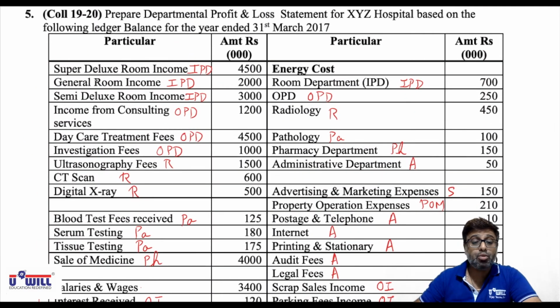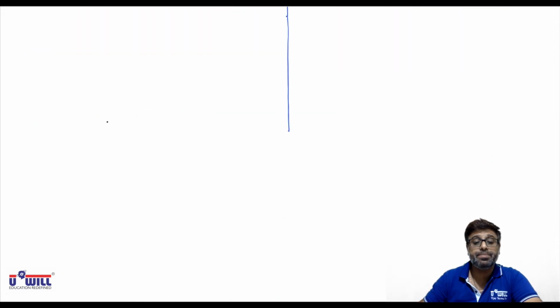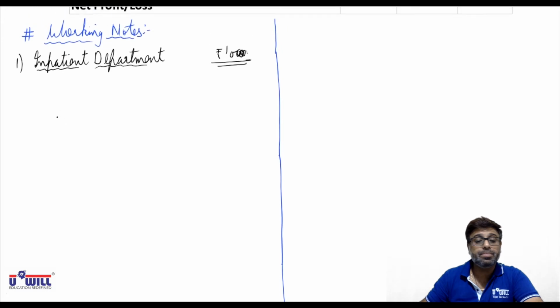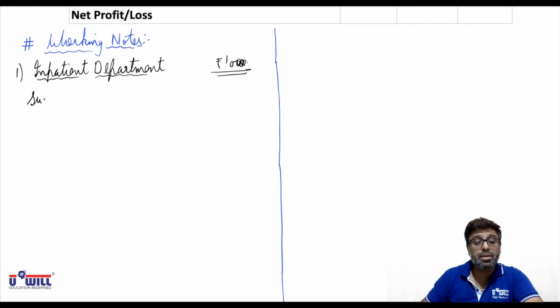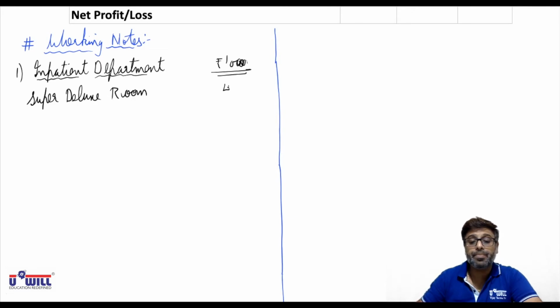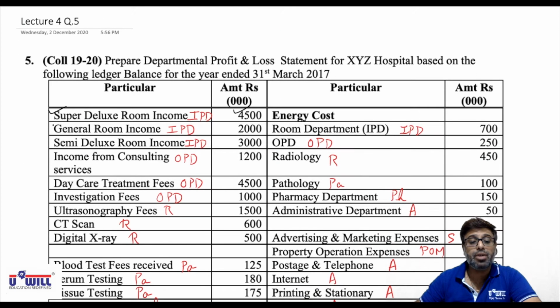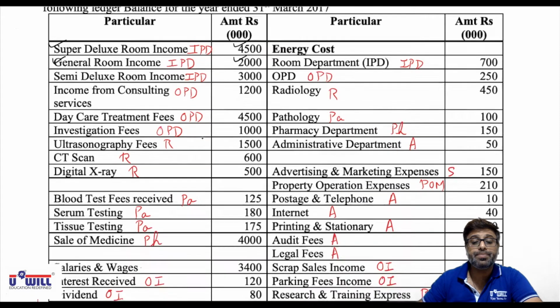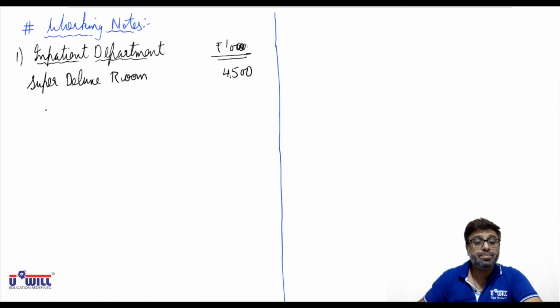So IPD super deluxe room income 4,500. Then after that we have general room income 2,000.